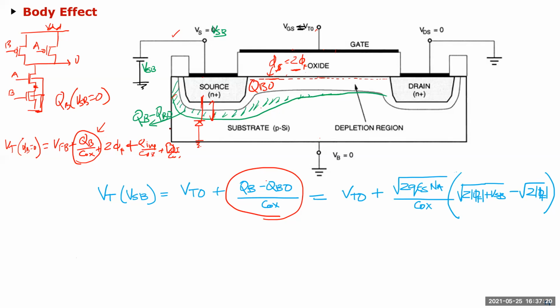Now obviously once you apply a gate voltage, this depletion is going to change a little bit further, but that's fine. We are going step by step. We are saying what is the voltage we need now to make it look as if this extra charge was created by the gate voltage rather than the source voltage, because that's what will bring this potential to φs. This potential will not bring this to φs. The gate potential will bring this to φs.